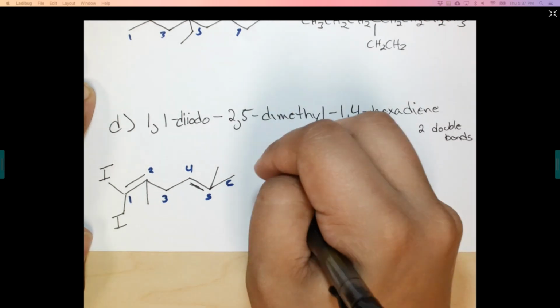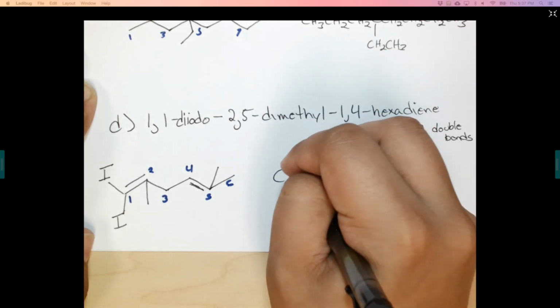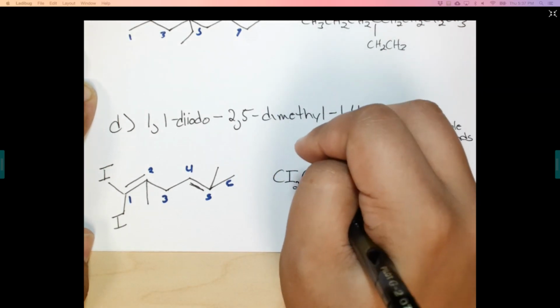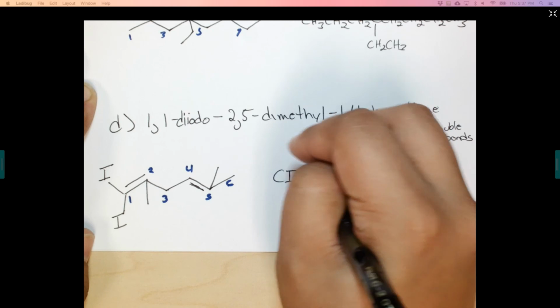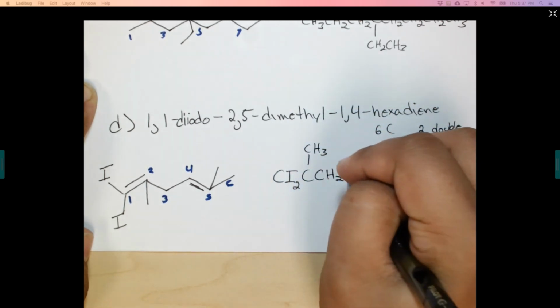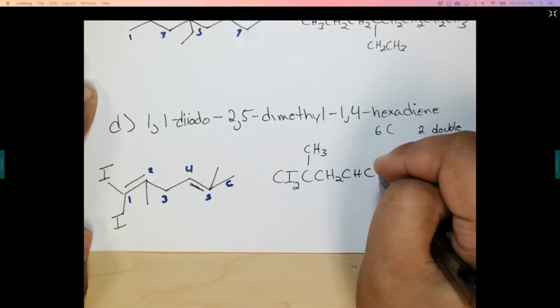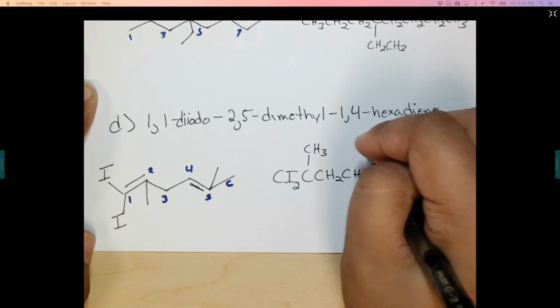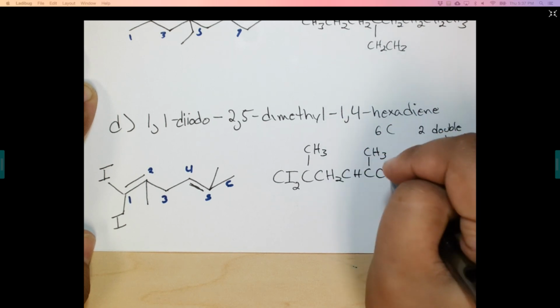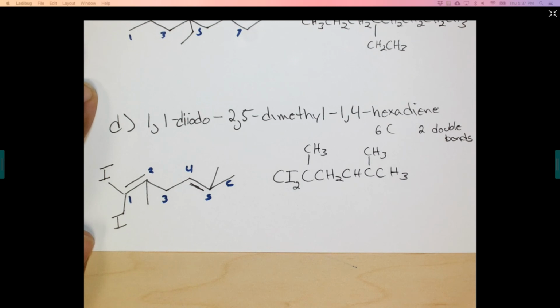If we want to talk about the condensed structure, CI2, C, CH3, CH2, CH, C, CH3, CH3 would be the condensed formula for this particular example.